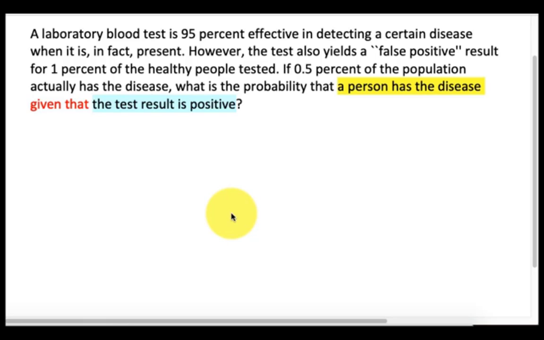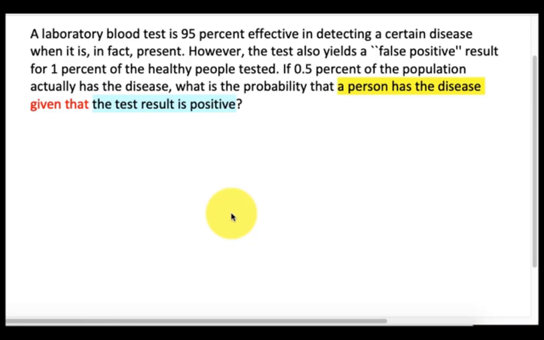Let's do another example. A lab blood test is 95% effective in detecting a certain disease when it is in fact present. However, the test also gives a false positive result for 1% of the healthy people tested.